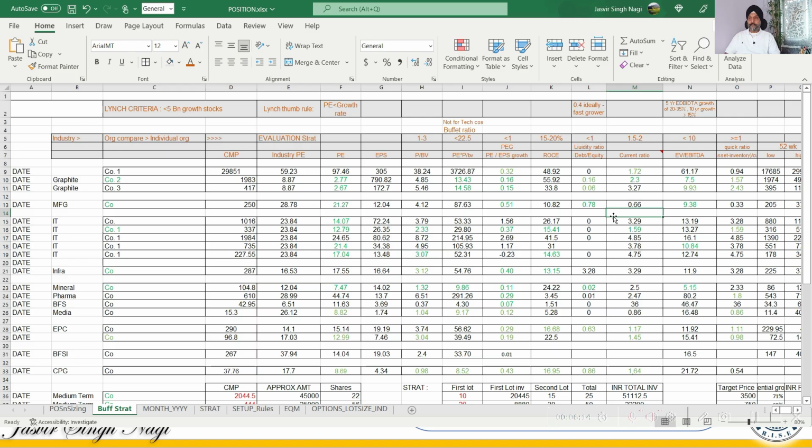The reason being, higher the better is not the count here, because you have to have a certain amount of debt in your company in terms of liability. Otherwise you're not using your efficiency of creating the growth which the sector would have otherwise.